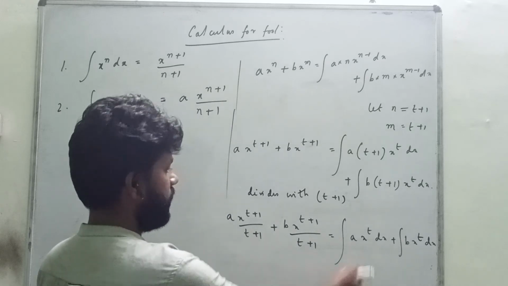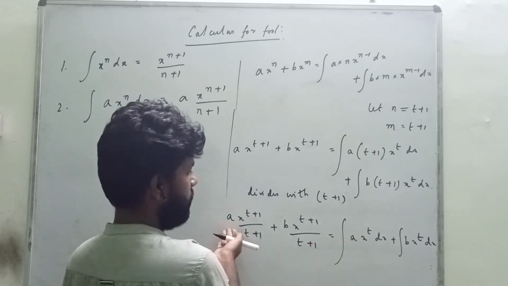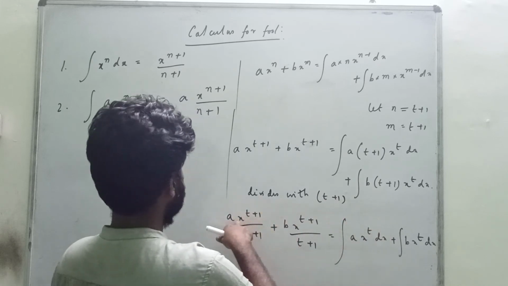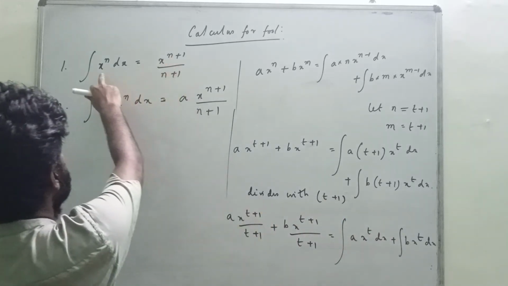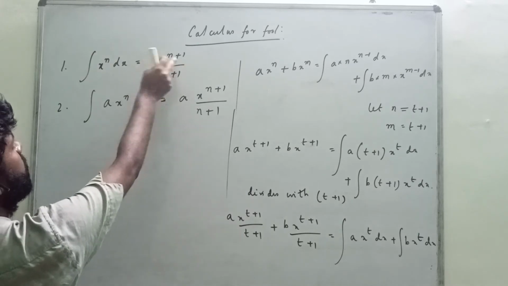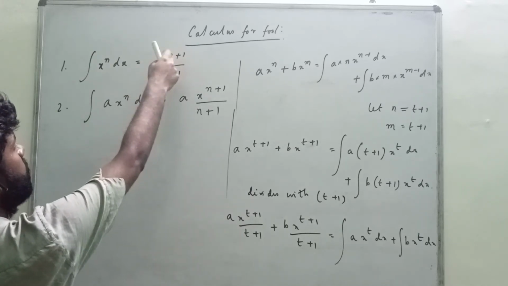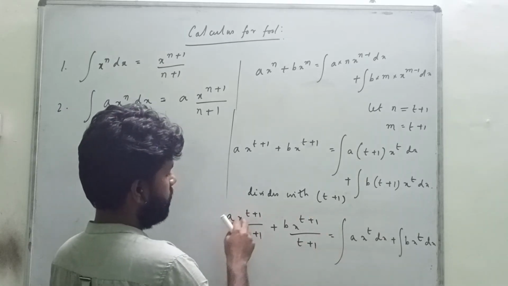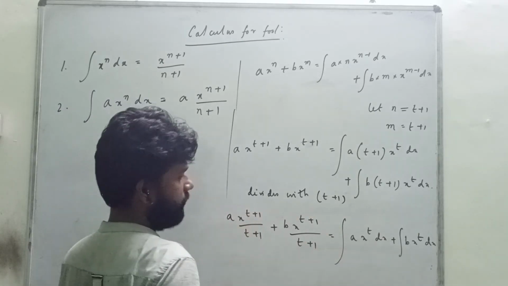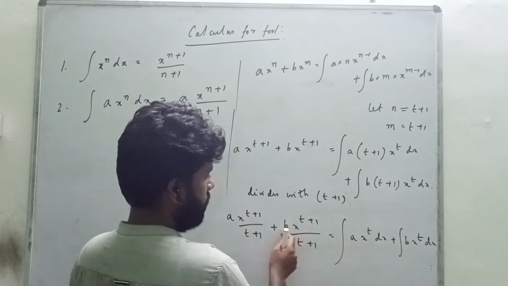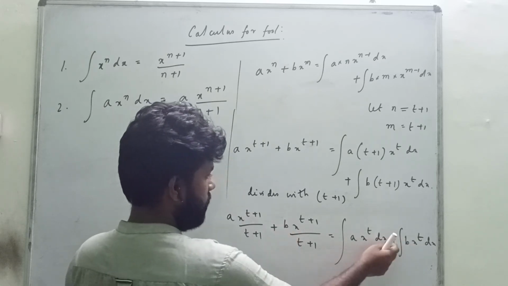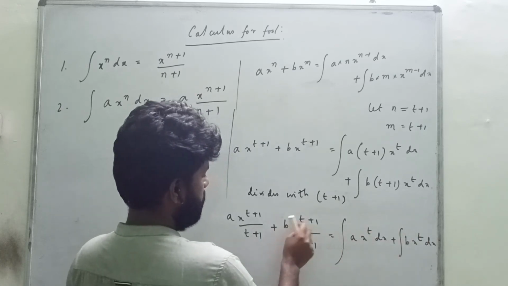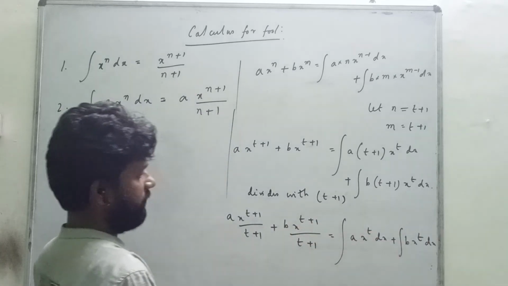It's very simple. The constants remain constant. X power n becomes x to the power n plus 1 by n plus 1, so x power t will become x power t plus 1 by t plus 1. B remains constant here, there's a plus sign here, and x power t equals x power t plus 1 by t plus 1.